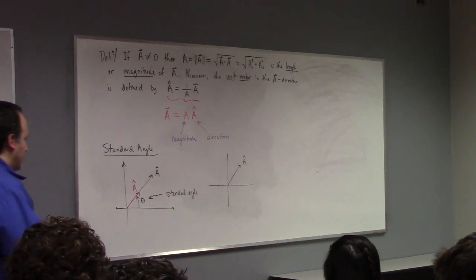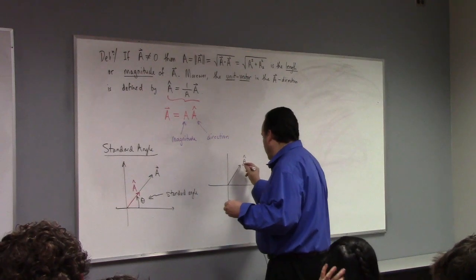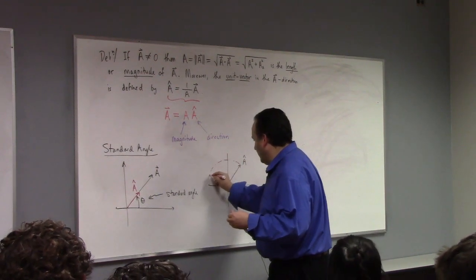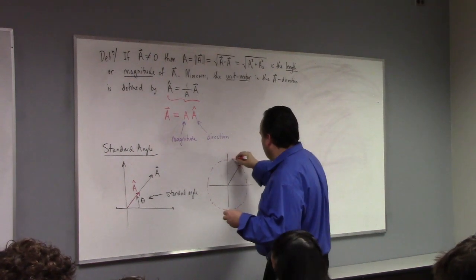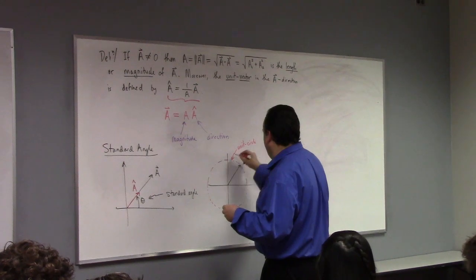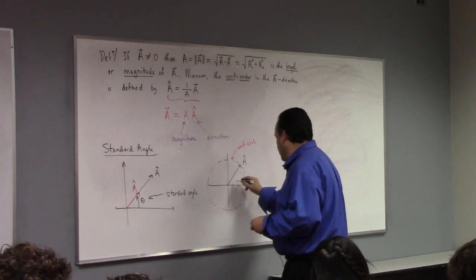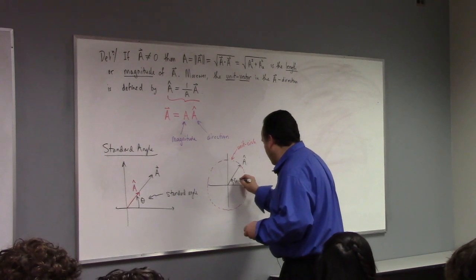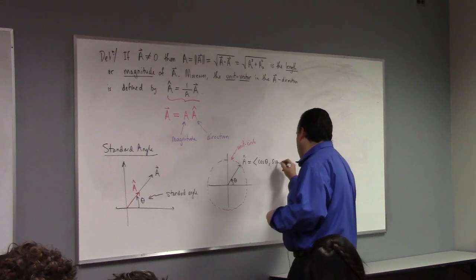But the difference between A and A hat is where's this point at? This circle I'm drawing, what kind of circle is it? Right, this is the unit circle. And so that means that you can write A hat in terms of what? Cosine theta, sine theta.